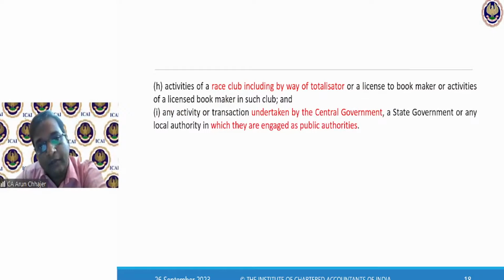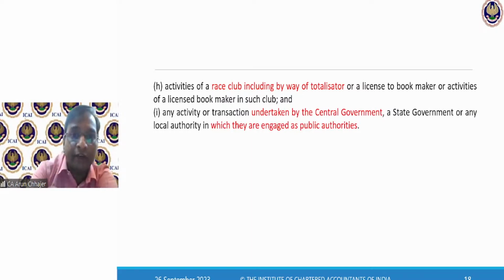Activity of the race club, including by way of totalizer or licensed bookmaker, or activity in that club, will also be considered as business. Any activity or transaction undertaken by the government in which they are engaged as a public authority.